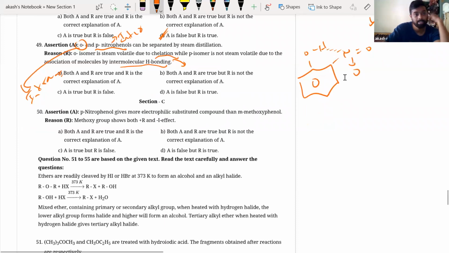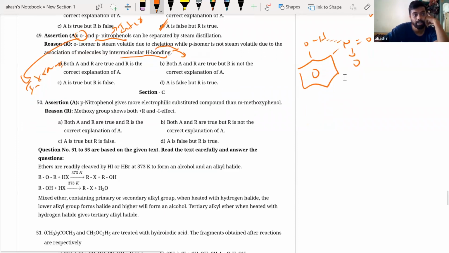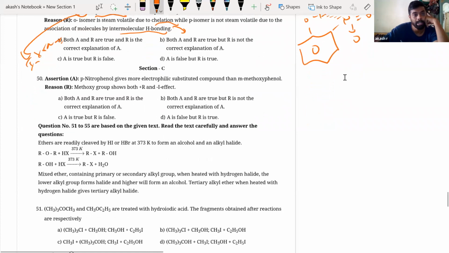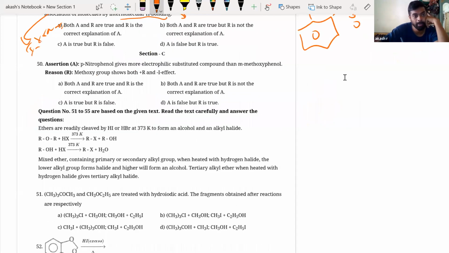Next, para nitrophenol gives more electrophilically substituted product than metamethoxyphenol. No, no. This should be metamethoxy. See, look at this.